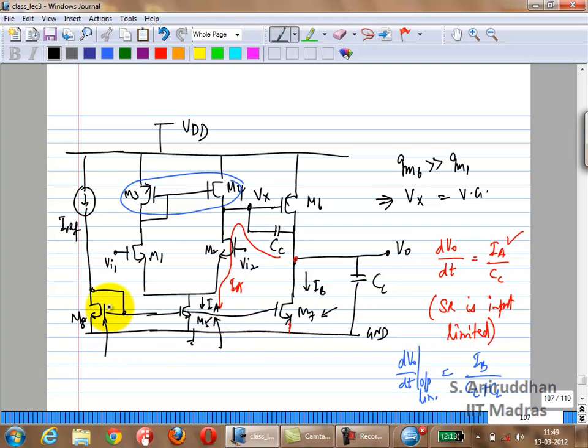So all of these guys have to have the same VDSAT. Isn't that right? For a current mirror. So which means once you know IREF, if you say we can pick out a number, let's say 100 microamps, you can pick any number you want. Then you know M8, you know M5. So there you know the VDSAT, you know the currents. M5 carries 25 microamps. Correct? Is that clear?